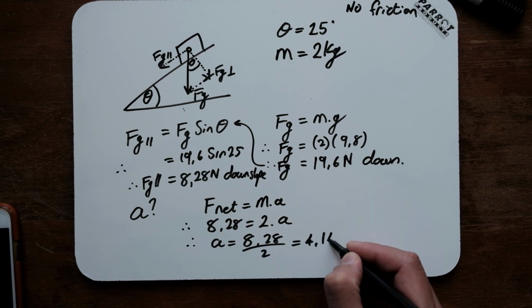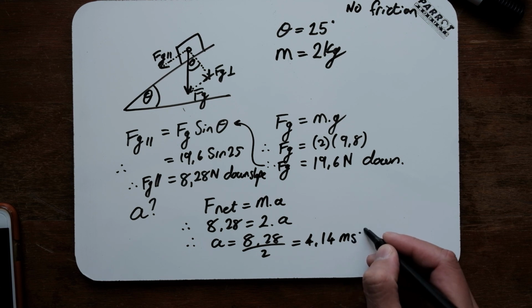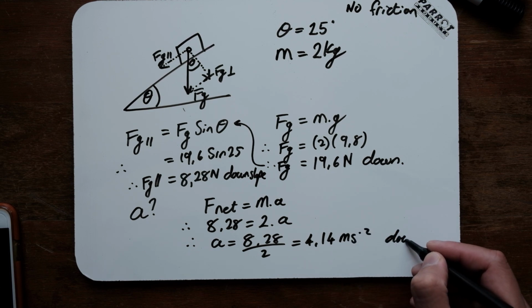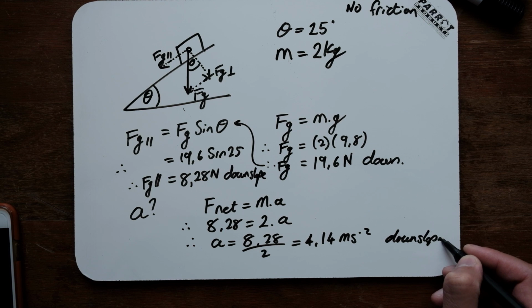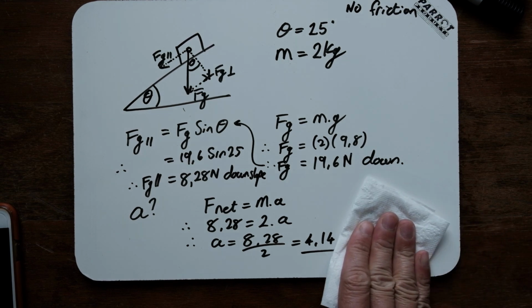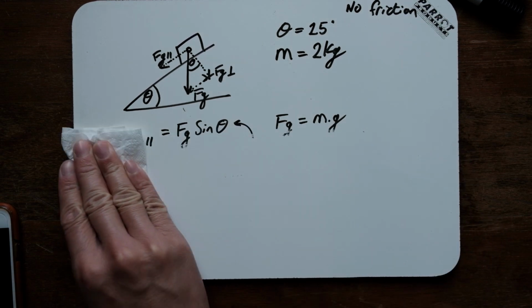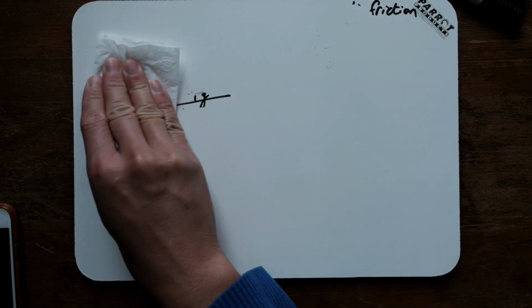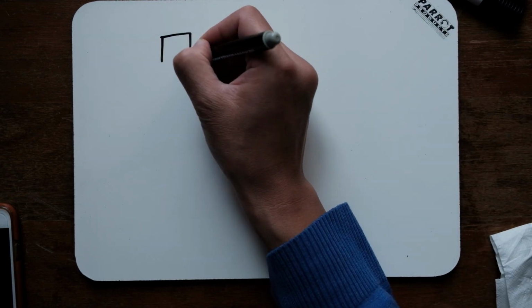Now, that's not necessarily the end of our Newton's second law, because Newton's second law needs to find out acceleration. So if we're wanting to find acceleration, let's go with F net is equal to mass times acceleration.